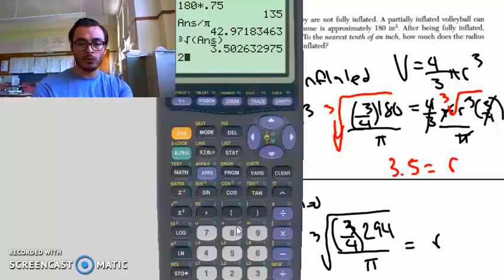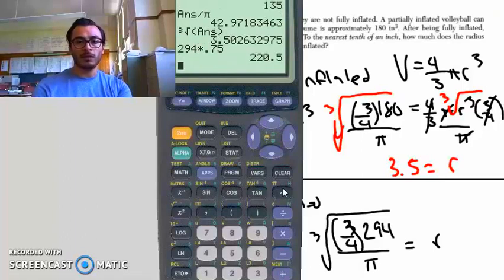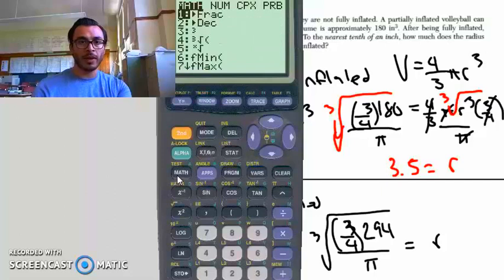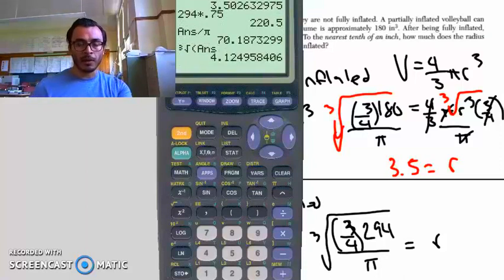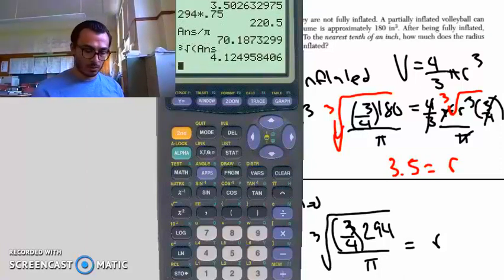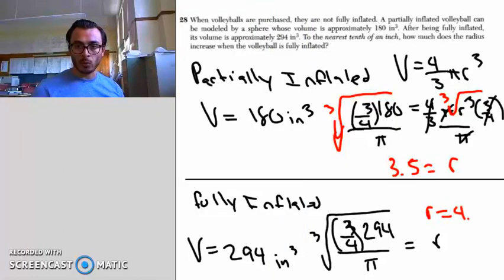So that's 294 times 0.75. Divide that by pi. And then let's take the cubic root of that. And we get approximately 4.1. So the radius for this one is approximately 4.1.